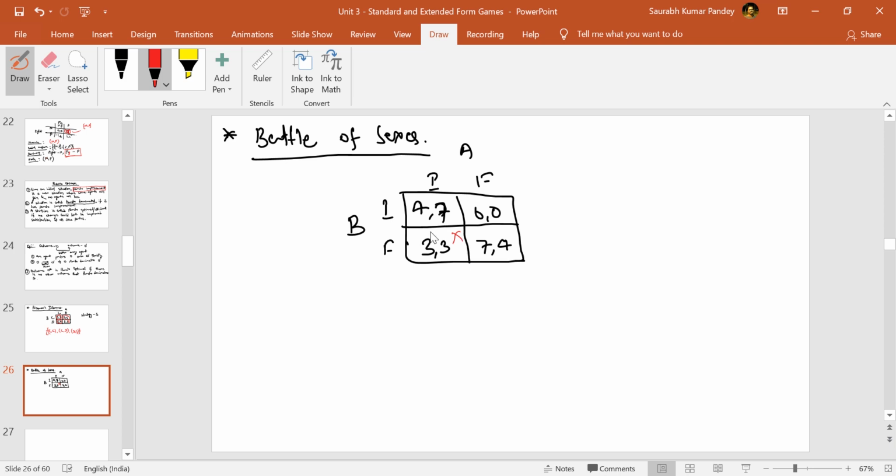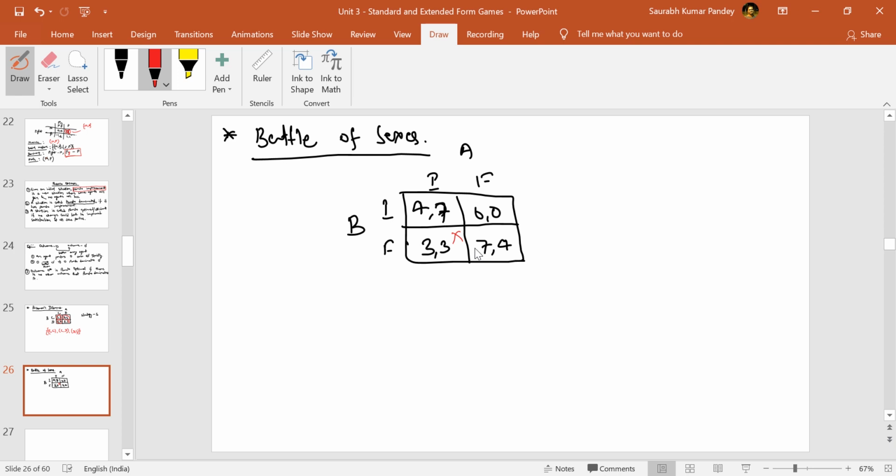Okay, now if we talk about II, that is 4 comma 7, you can see over here that in both situations they are getting improved, from 0 0 or 3 3 to 4 7, or you can improve from 0 0 or 3 3 to 7 4. Okay, similarly if you try to go from state 4 7 to 7 4, you can see that 4 is gaining, because 4 is getting increased to 7, and similarly 7 is losing.